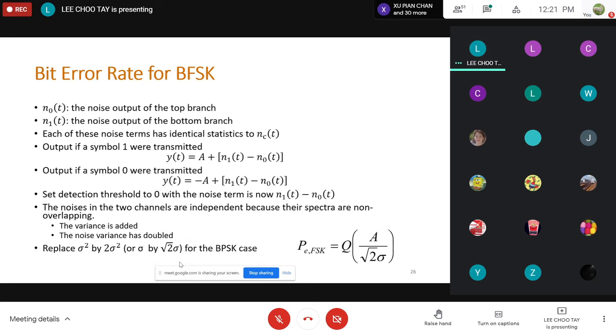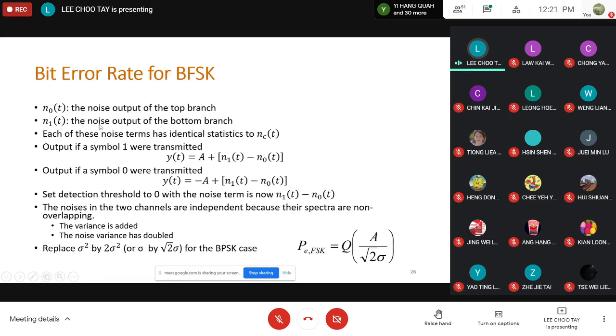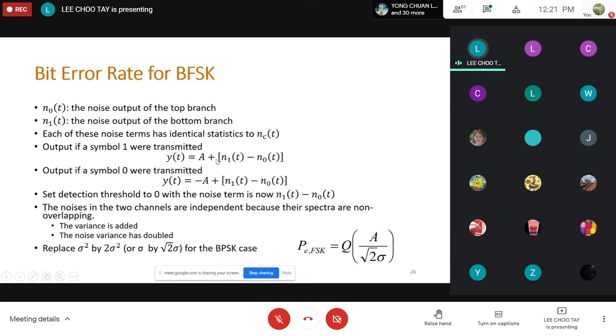If I call the noise output of the top branch N0 and the noise output of the bottom branch N1, each of these noises has identical statistics. If a symbol 1 is transmitted, the output is A plus the noise N1 minus N0. When a 0 is transmitted, the output will be minus A plus the difference between the noises as well.